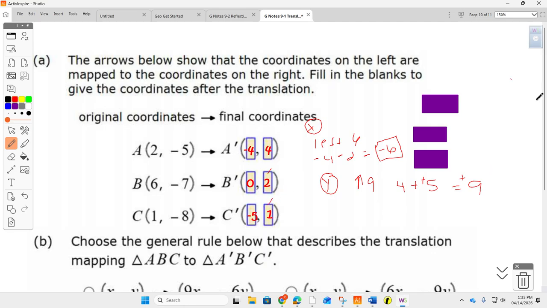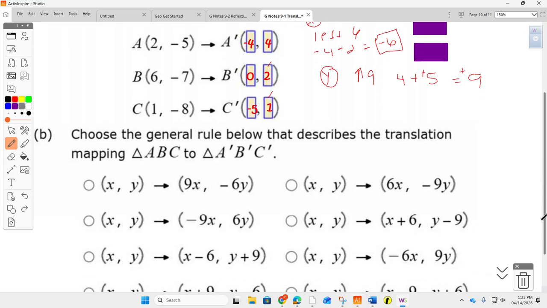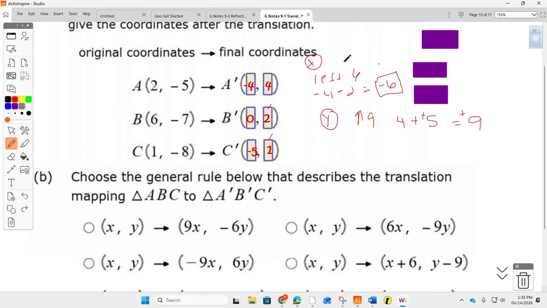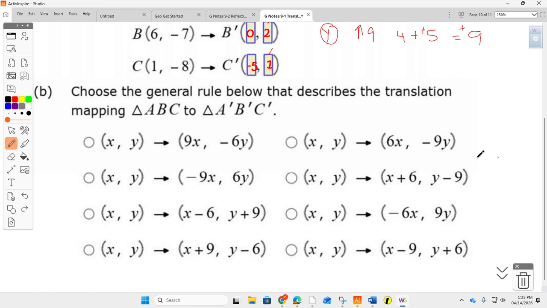So now the next thing is, which one of these notations says that we're going to take our x's and subtract 6, and our y's and add 9? So this means we're multiplying by 9. Are we multiplying our x-coordinates by 9? No. So we can skip that one.